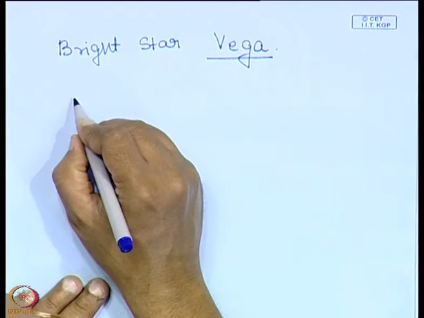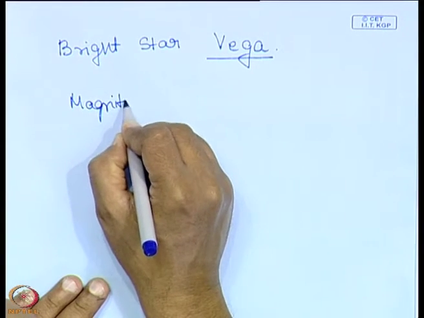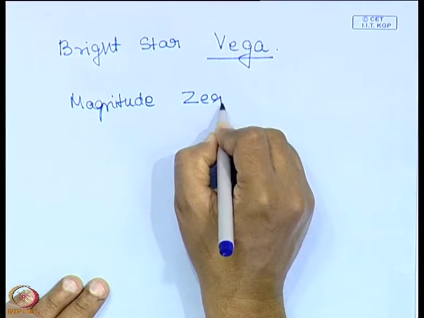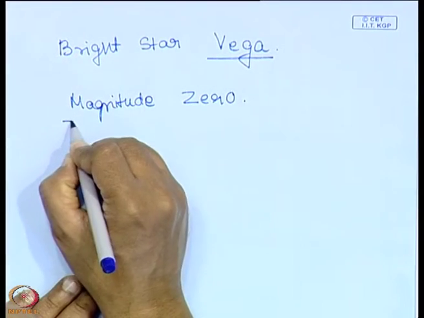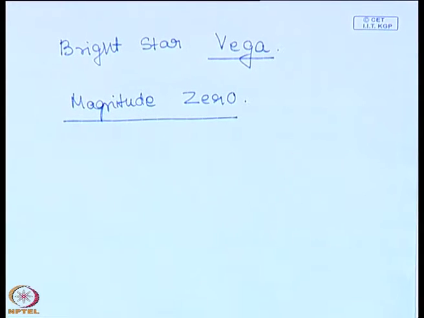So, this has apparent magnitude 0. This sets the 0 point of the magnitude scale.